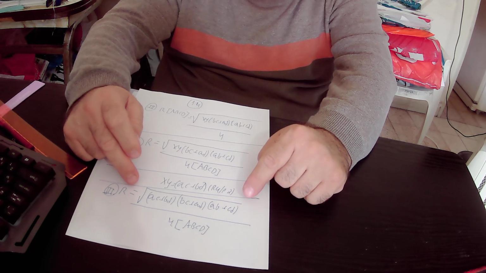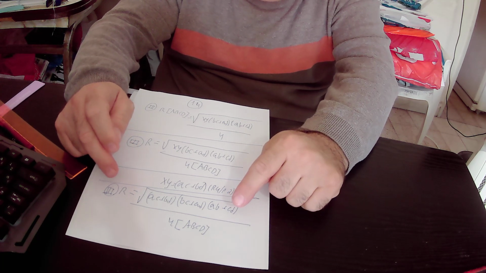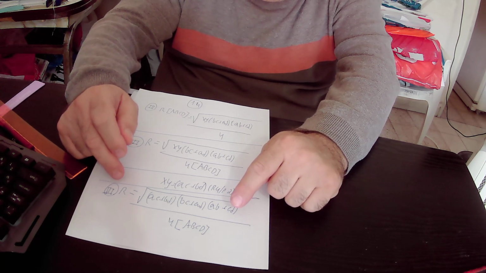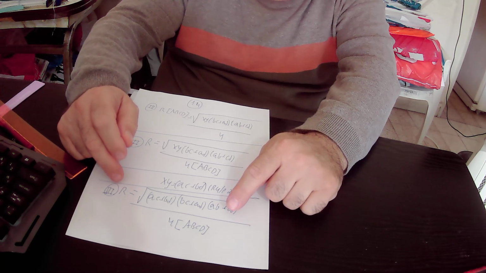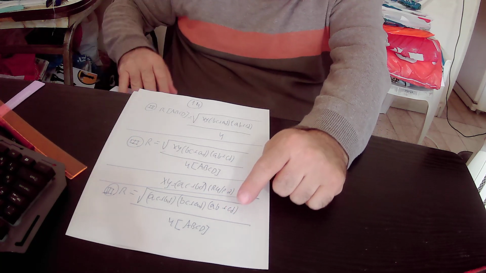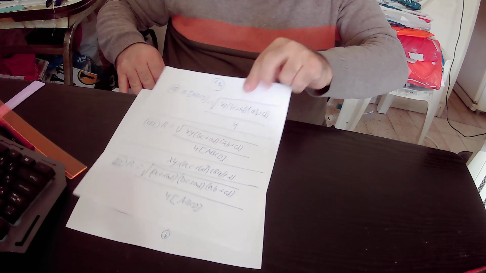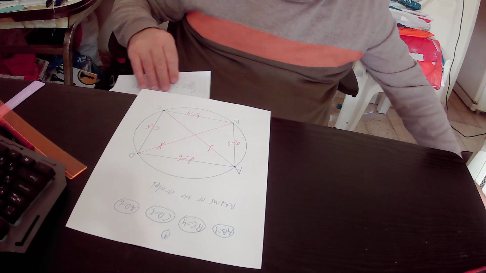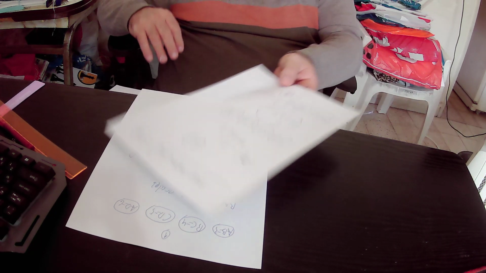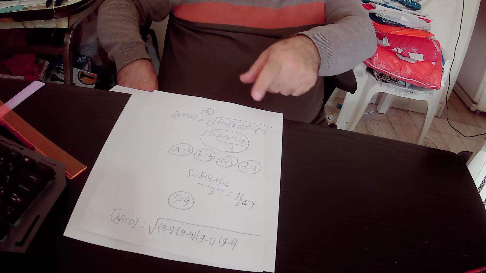We have the values of A, B, C, and D. The only thing left to do in order to find the radius of the circle is to find the area of quadrilateral ABCD. And the area of quadrilateral ABCD according to equation number 1 equals this expression.